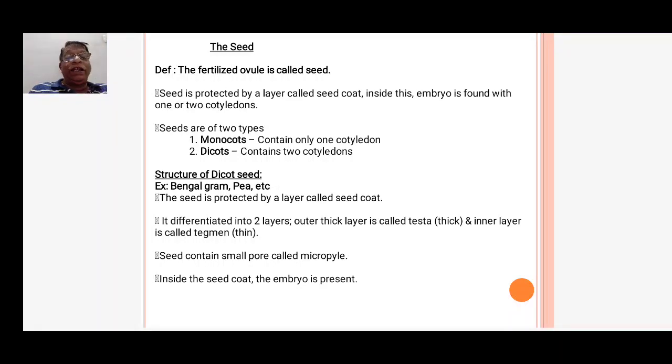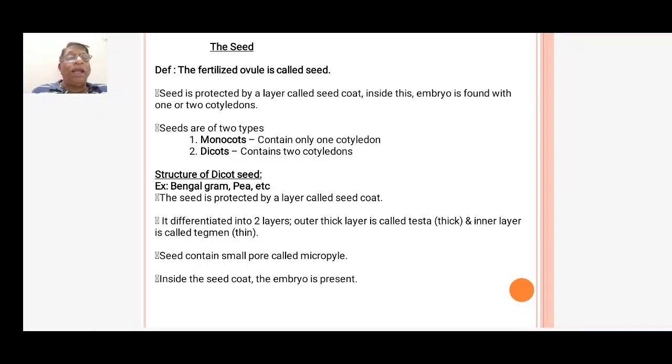The seed, as I already told you, is always protected by a layer called seed coat. We are discussing the dicot seed. You can say the dicot seed is protected by a layer called seed coat. The seed coat is again differentiated into two layers.